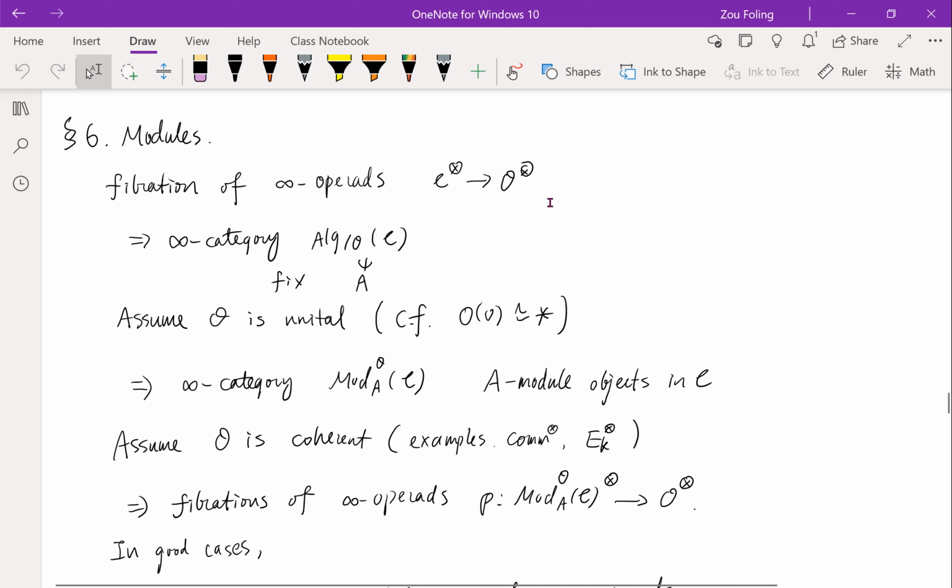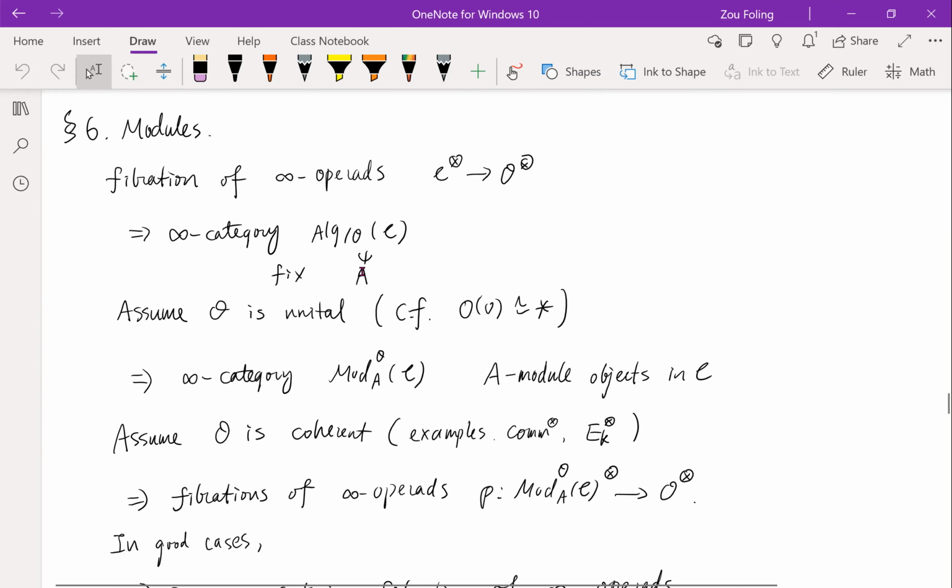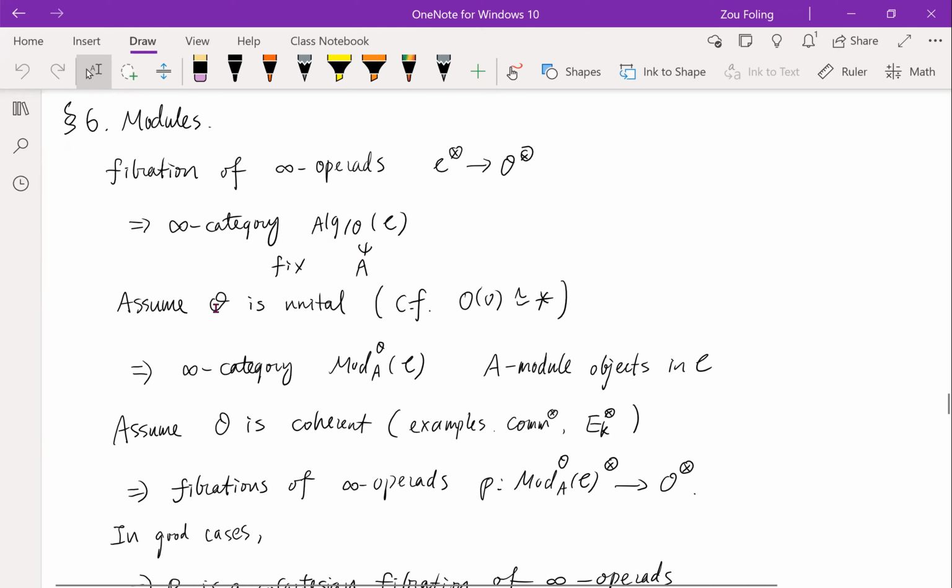And then you will get an infinity category of algebra, O algebra objects in C. And if you fix an O algebra object in it called A, and with some assumption on O, which is unital, which is about saying that if you had come from an ordinary operad, then the zero space is contractible. Then you will get an infinity category of A module objects in C.